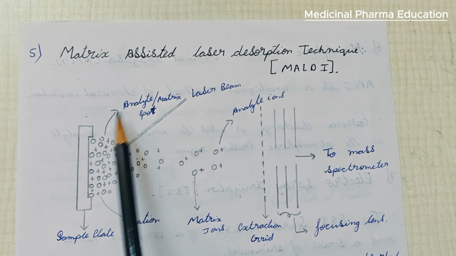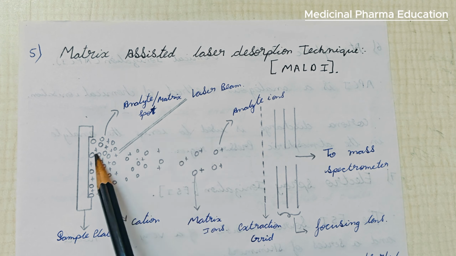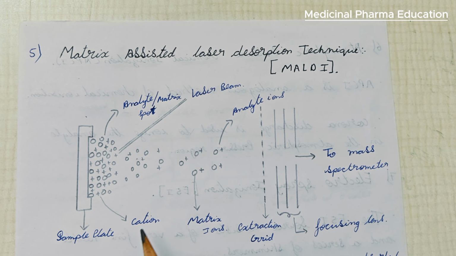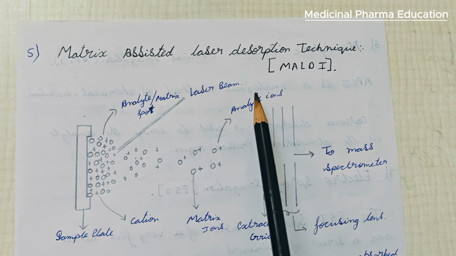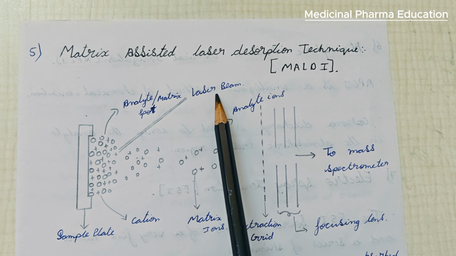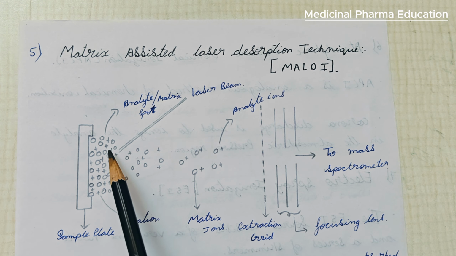The analyte and the matrix are combined on the sample plate. The laser is angled onto the matrix, and first ionization takes place and then fragmentation takes place.